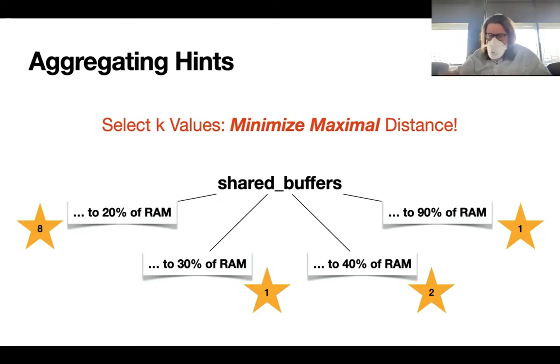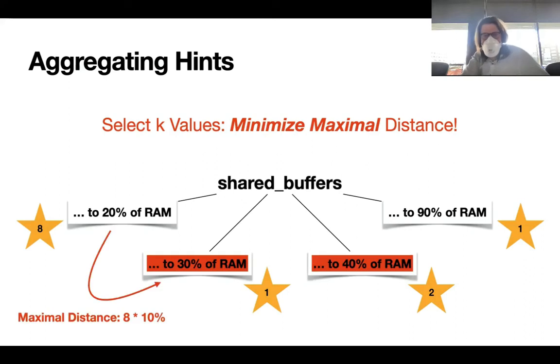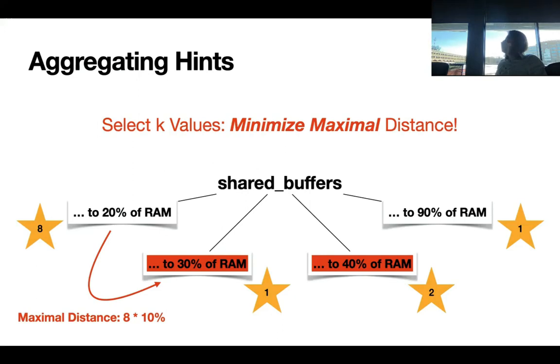So more concretely, for instance, let's assume that for the trial run, I'm selecting 30% and 40% of RAM. Those are the two values that I will actually try out in practice. Now here is the recommendation that is covered least by those two selections. That is the recommendation of having 20% of RAM, which has a weight of 8.